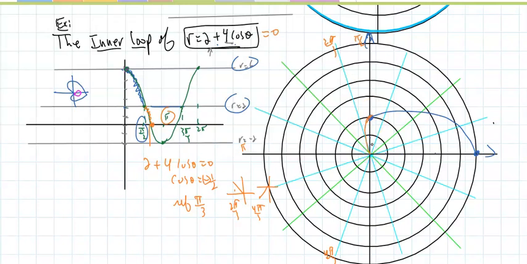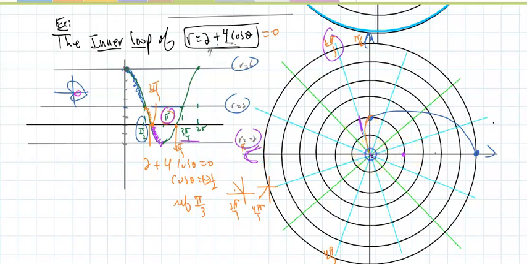And then what happens? Now, this inner loop starts tracing between 2 pi over 3 and 4 pi over 3. So I just figured out that this here is 2 pi over 3 and this is 4 pi over 3. It decreases. By the time I hit pi, r equal -2. There's pi and there's -2.